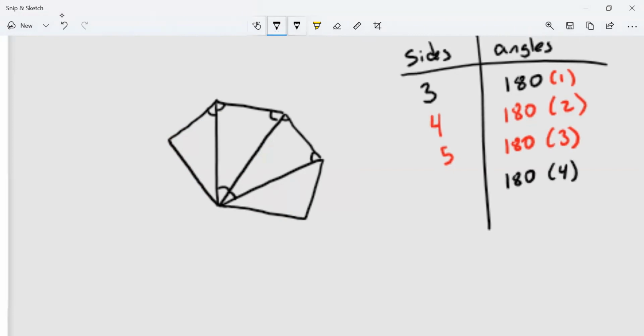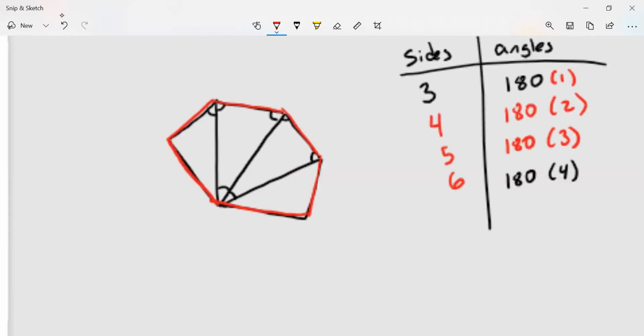Let me see if I get a polygon with 6 sides. So I have 1, 2, 3, 4, 5, and 6. So 6 sides, I have to go 180 times 4.